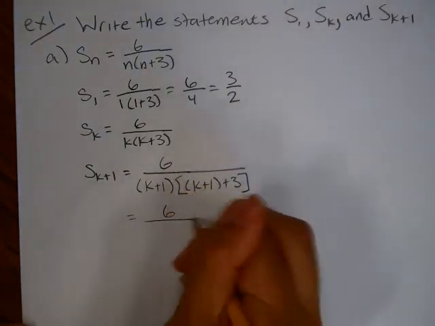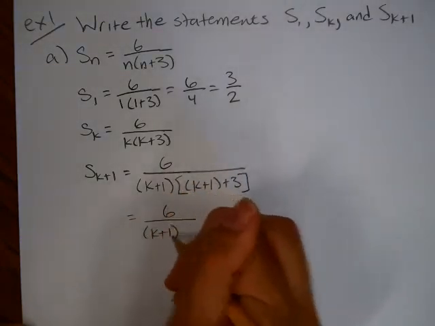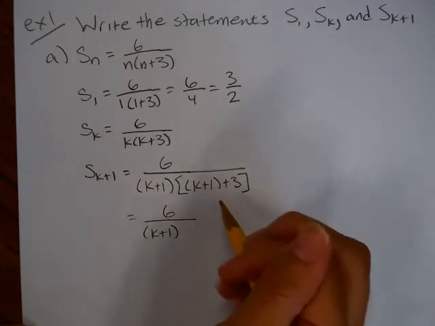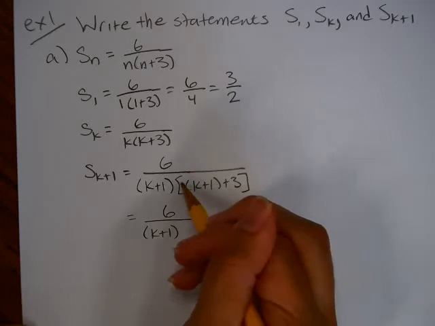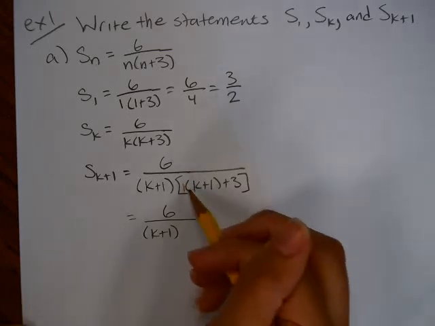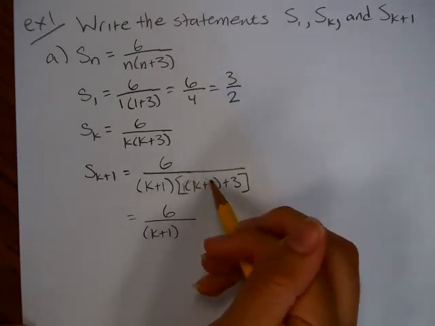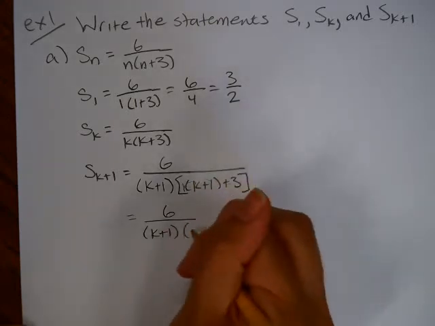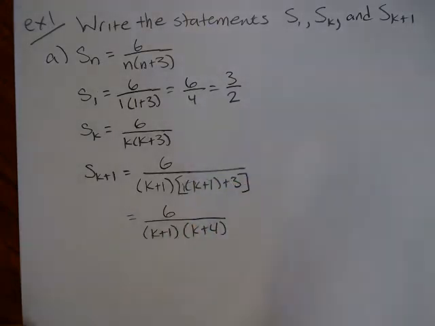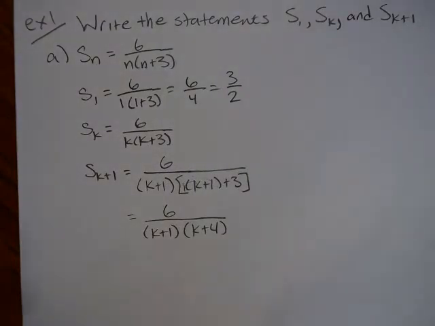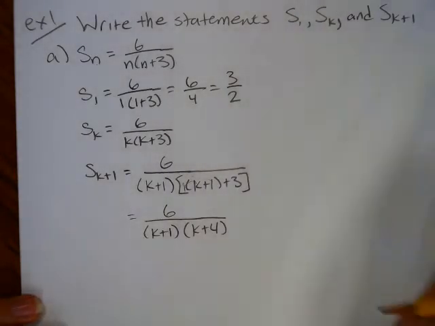Sure. Inside the brackets, we have our parentheses, but the only thing this is being multiplied by is a 1. So we have k plus 1 plus 3, k plus 4. And again, notice there's no proof here, there's no big problem. We're just practicing plugging these in.